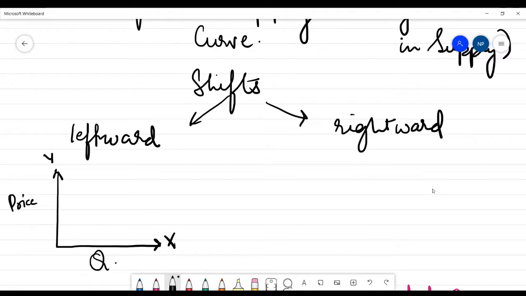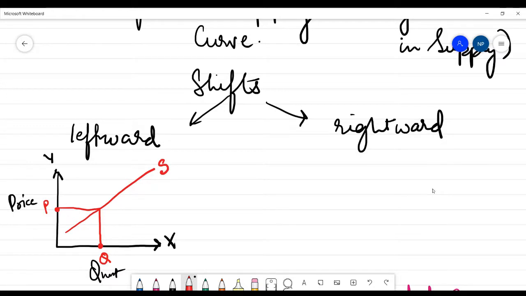Now, if originally or initially, the price of the commodity is P and the quantity supplied is Q, this will be the particular graph of the supply curve.